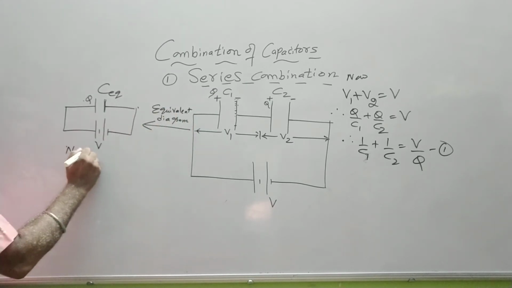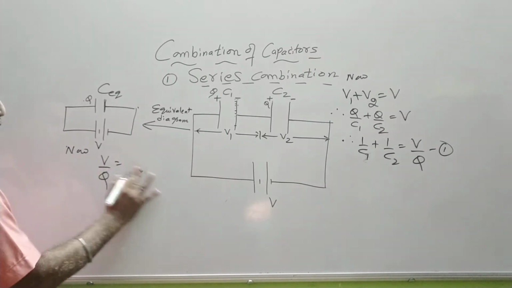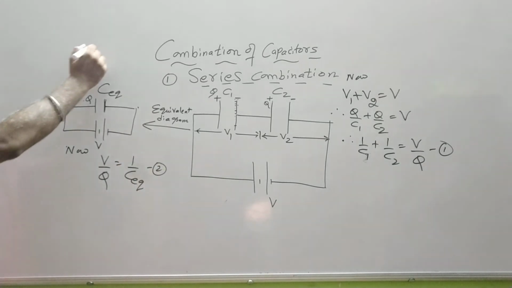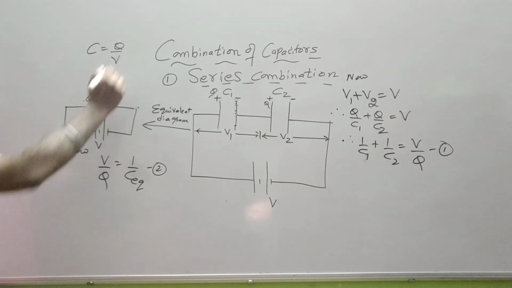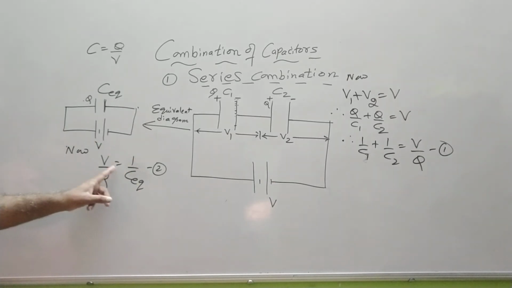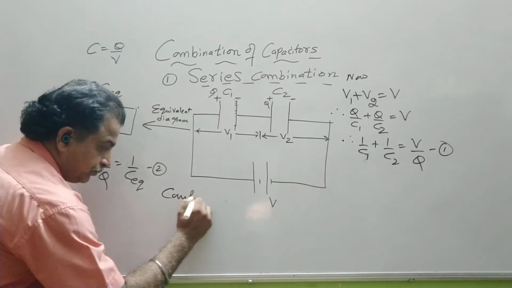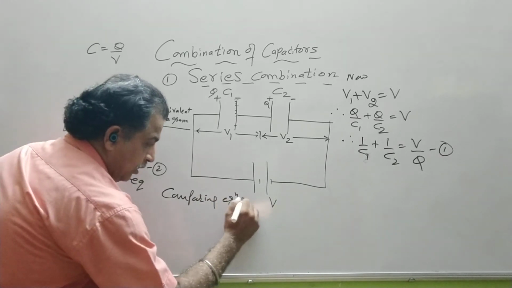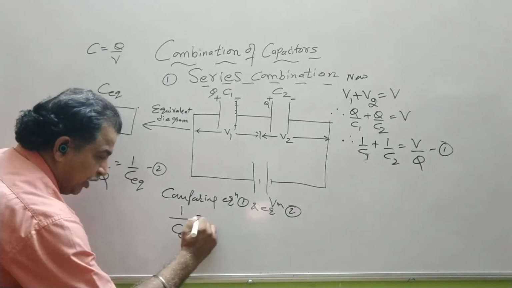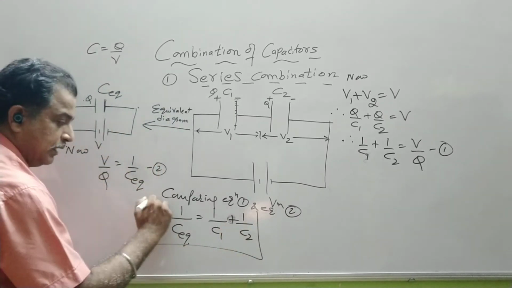Now V upon Q can be written as 1 upon C equivalent. We use our definition, C is equal to Q by V, so V upon Q can be written as the reciprocal of C. Now comparing equation 1 and equation 2, I come to the conclusion that 1 upon C equivalent is equal to 1 upon C1 plus 1 upon C2.